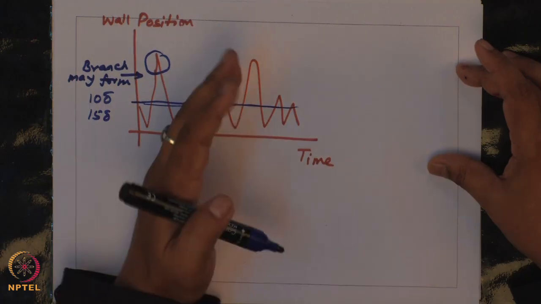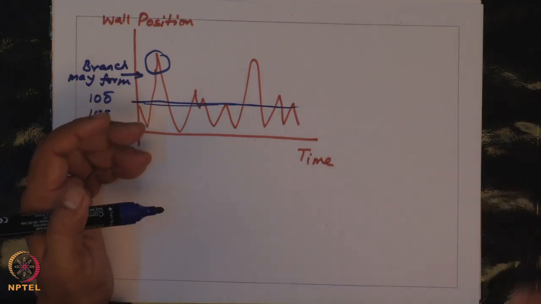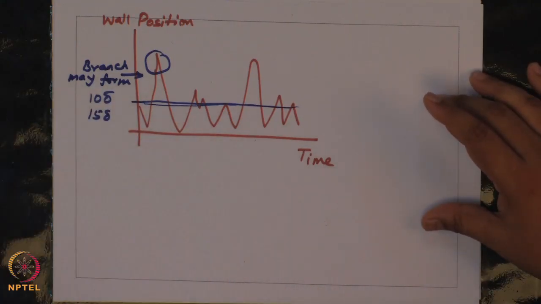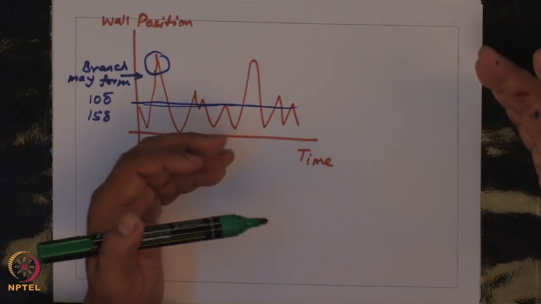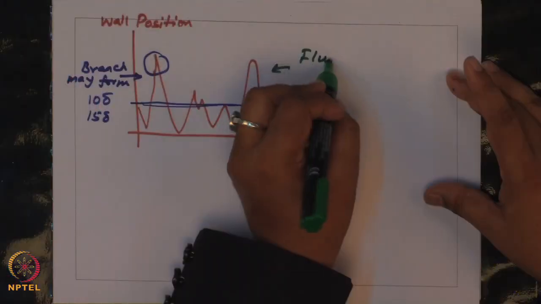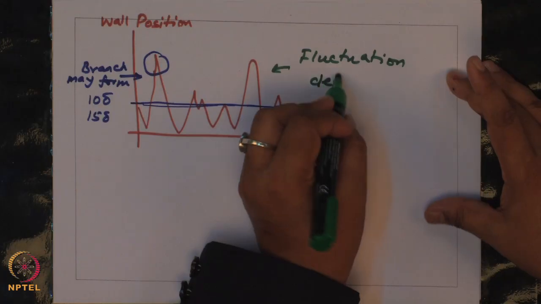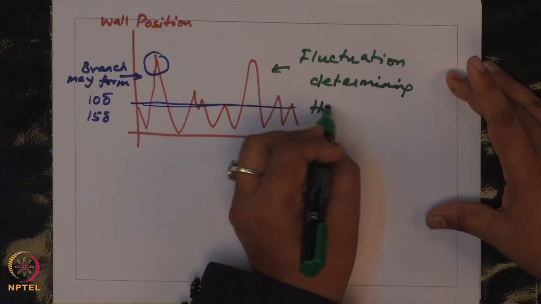And once a branch is formed, the stall force will increase, because now there are two filaments which push against the wall. So, if you were to completely suppress this fluctuation dependent phenomenon... So, this is an example of fluctuation determining the stall force.